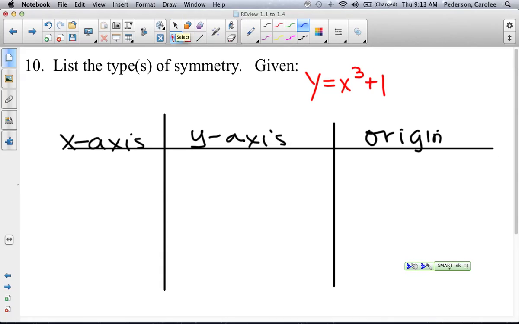We'll bear with it. So you replace the negative y. Replace negative x with y.